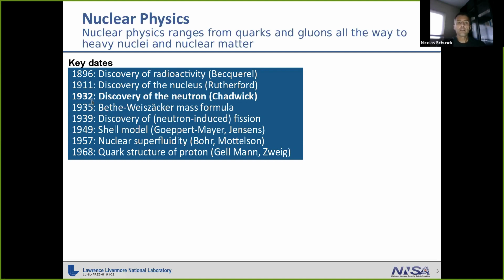And from 1932 onwards, there were about 2 to 3 decades of golden age for nuclear theory, for nuclear physics in general. In 1935, there was the first quantitative model of the nucleus, the Bethe-Weizsäcker mass formula. 1939 was the discovery of fission. In 1949, the discovery of the shell model and how the quantum nature of the nucleus impacts its properties.